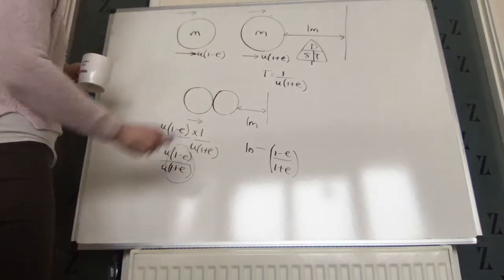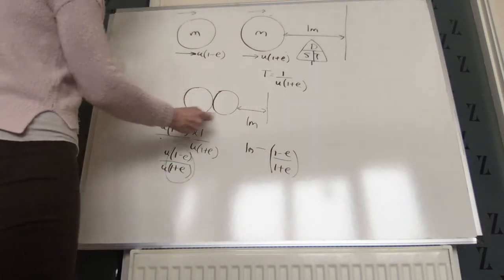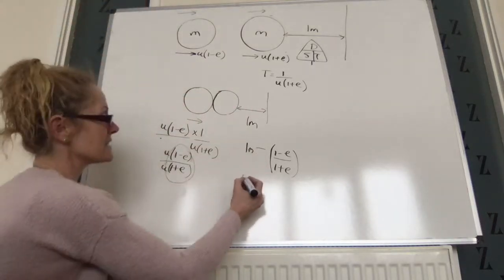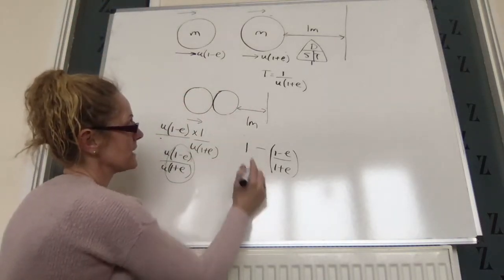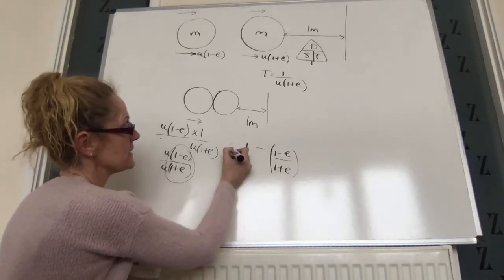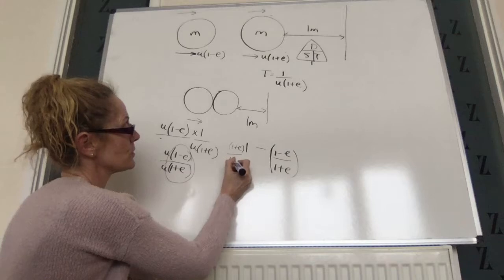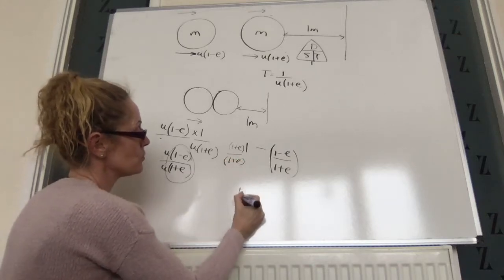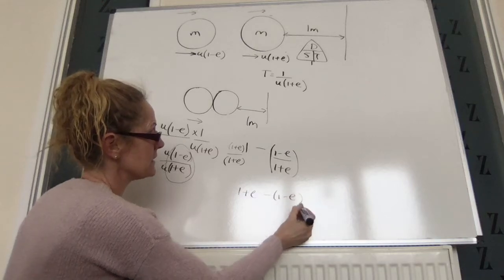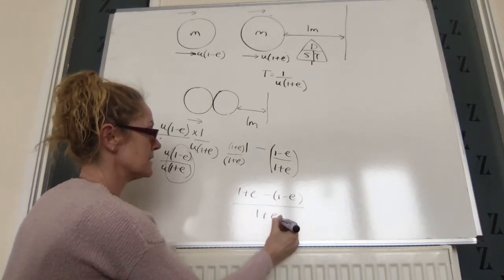If we put them both over 1 plus e, we get 1 plus e minus 1 minus e over 1 plus e.